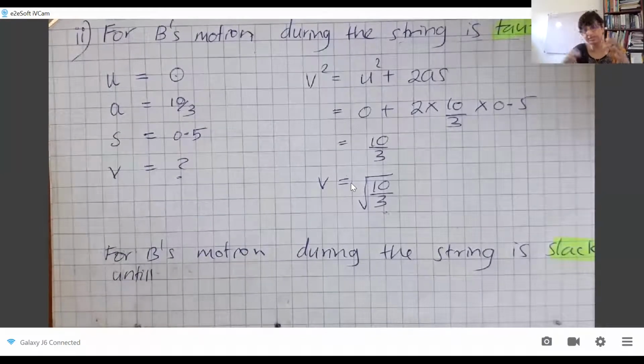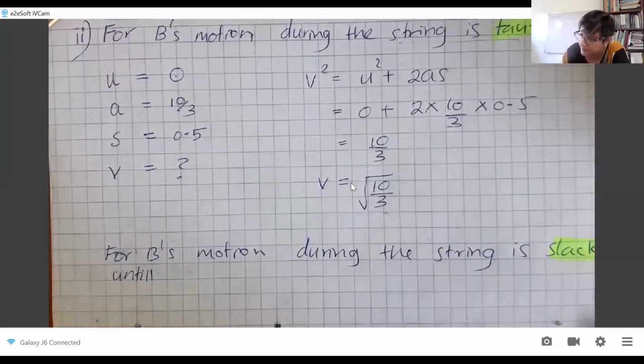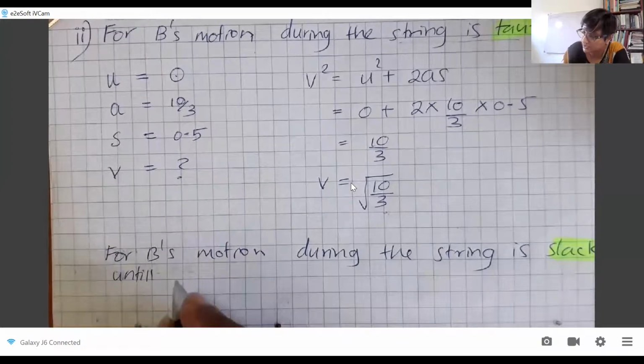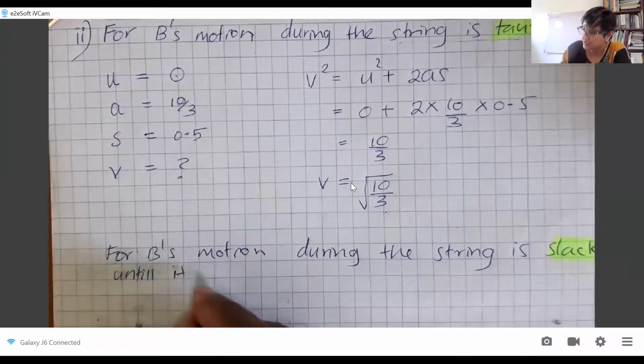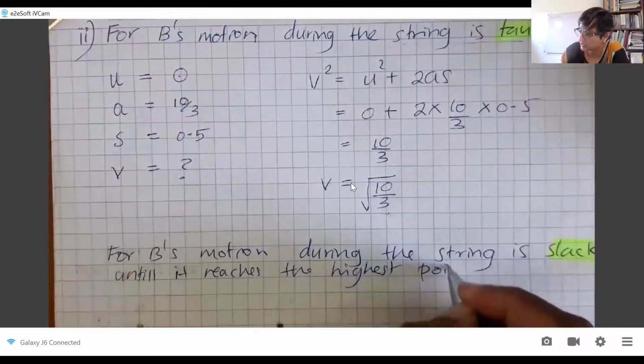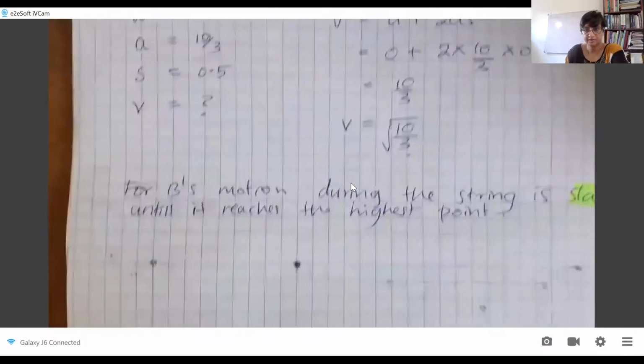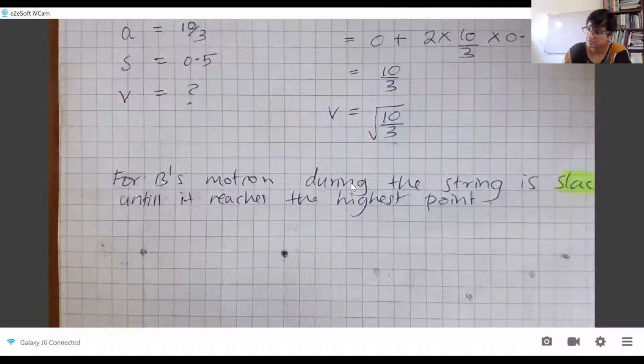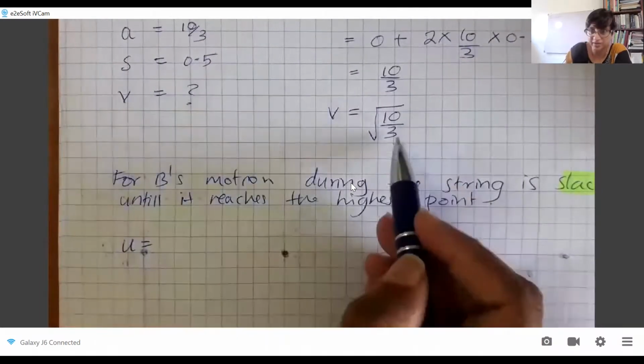For the whole motion, the string is slack, so if I just say string is slack, that's not complete. During the string is slack until it reaches the highest point.